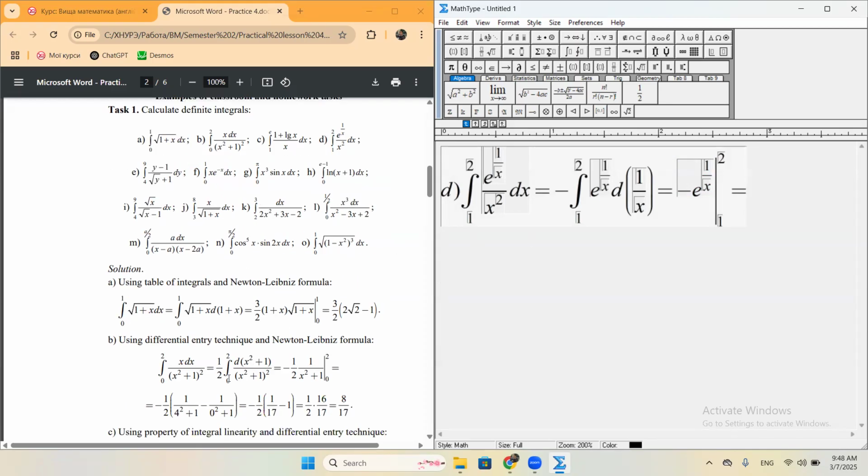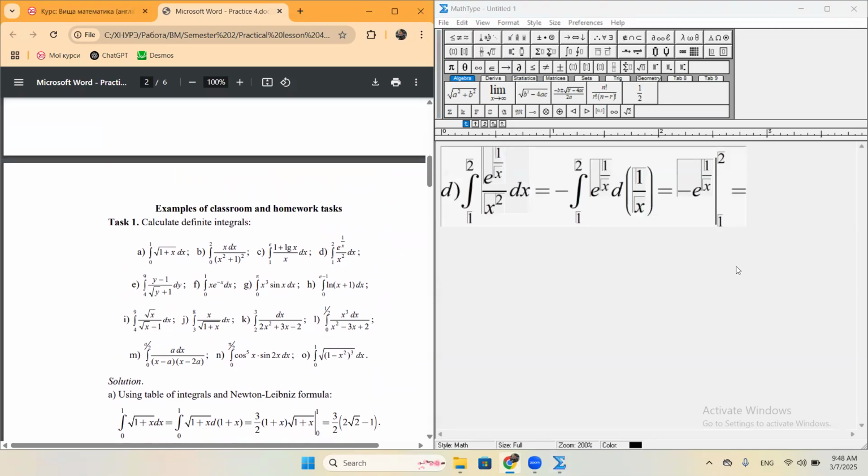Okay, and it's interesting what's going on here. Here is a mistake, by the way. We'll correct it.